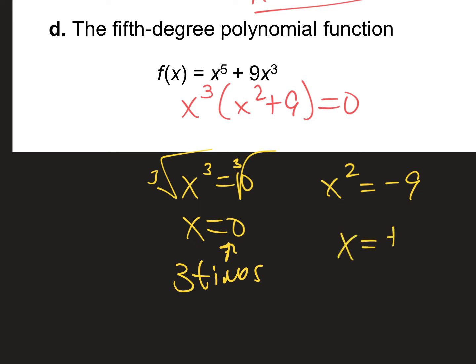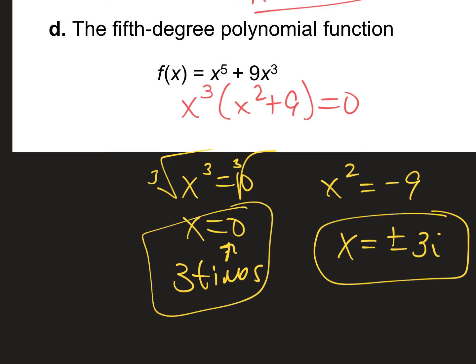Good. X equals plus minus 3i. If you were to tell me that that's x equals plus minus 3, I'd mark the whole thing wrong. There's a major difference, guys, major difference between an imaginary number and a real number. So we've got to pay attention to that. But does everyone see at different parts of the problem, you can already identify how many solutions you have and what kinds they're going to be.